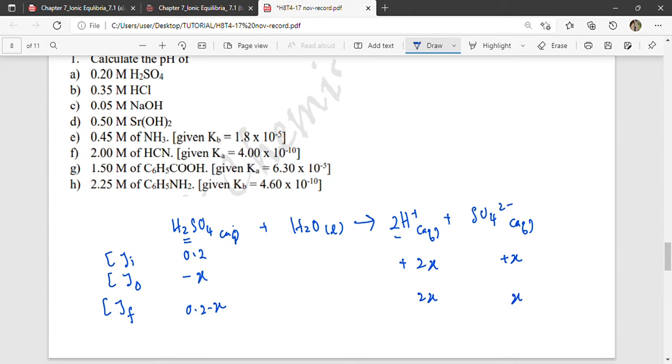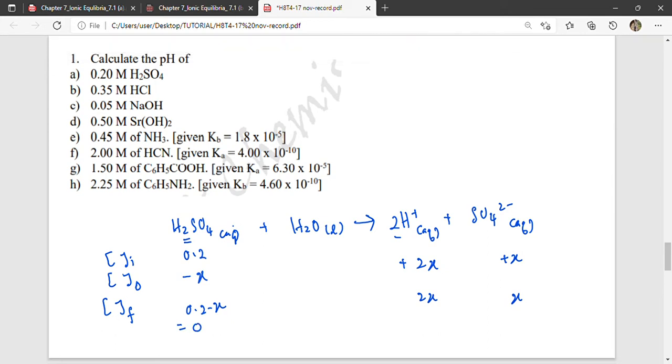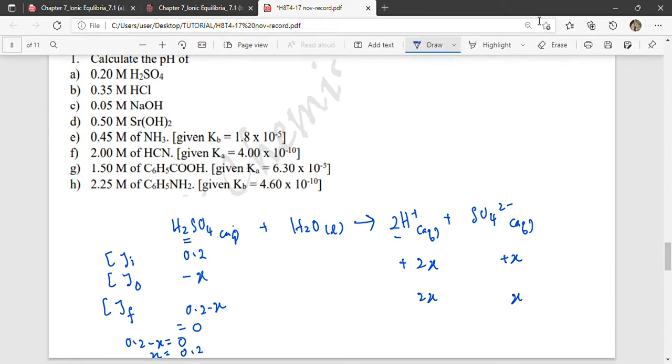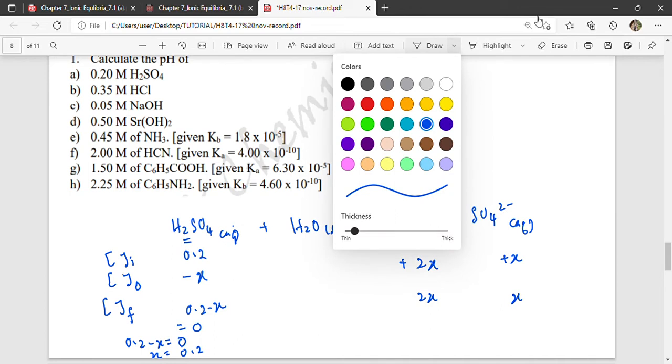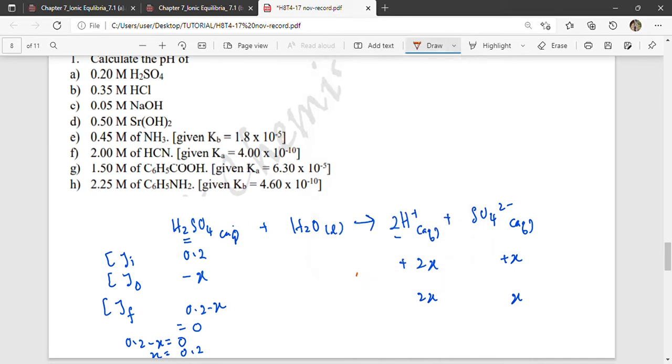We know that for a strong acid, the remaining value will be 0, so it completely dissociates. So 0.2 minus X is equal to 0, and X is equal to 0.2. When X is equal to 0.2, substitute the value of 0.2 here. So 2 times 0.2, and this one is 0.2 only. So this one will be 0.4 and this one is 0.2 only.